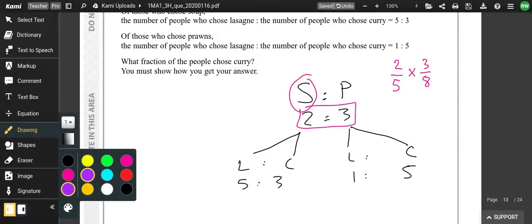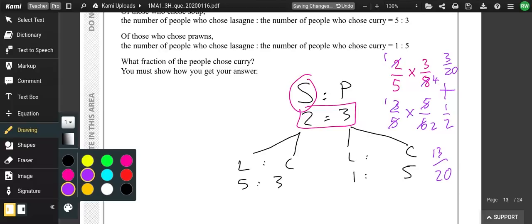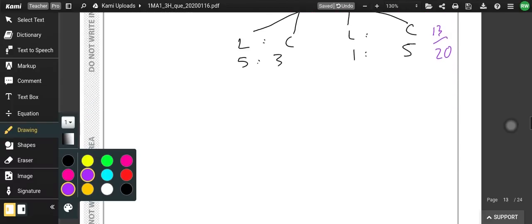And then for prawns, we got 3/5 times curry was 5/6. We can add those together. So cross cancel this, and we get 3/20 plus, that cancels a half. So 3/20 plus a half. Half is 10/20, so we've got 13/20 people who chose curry.